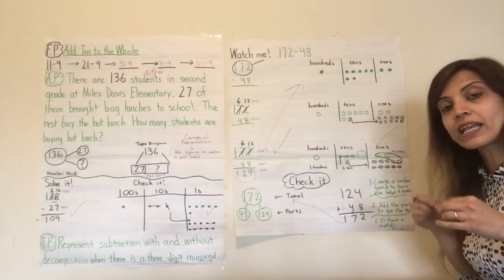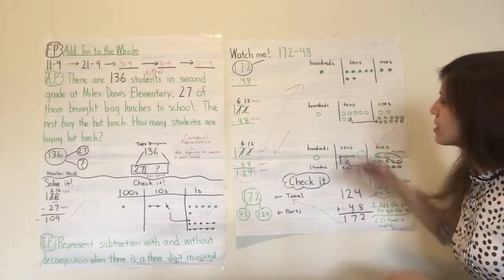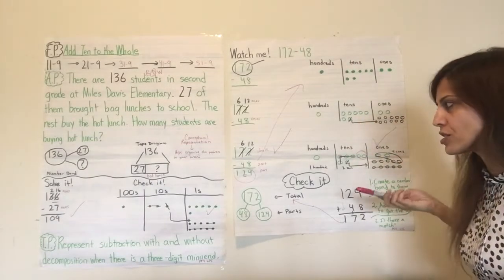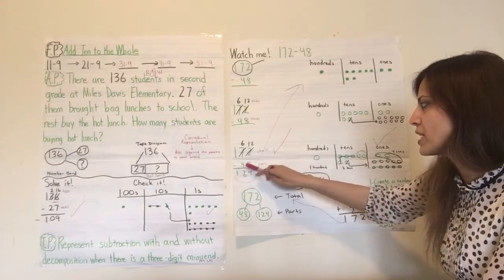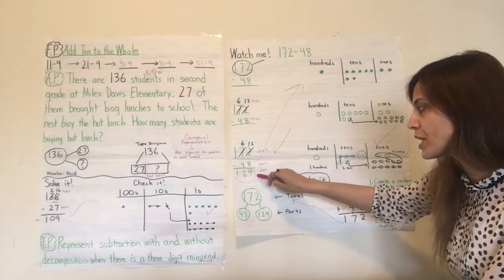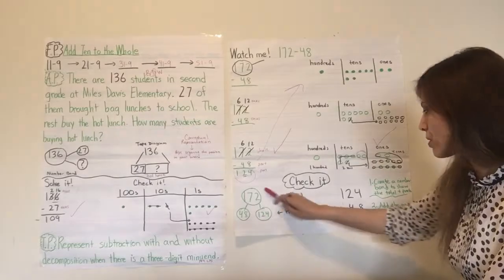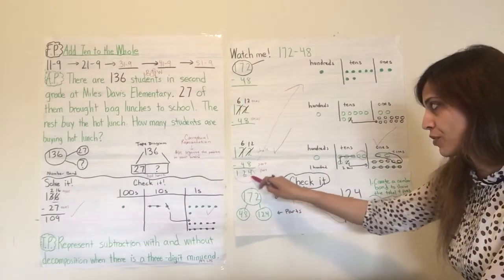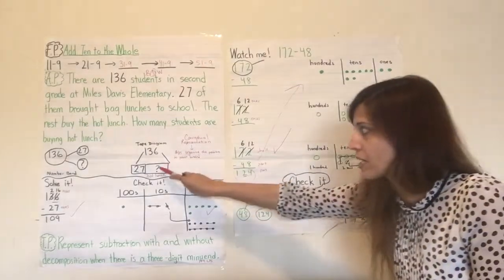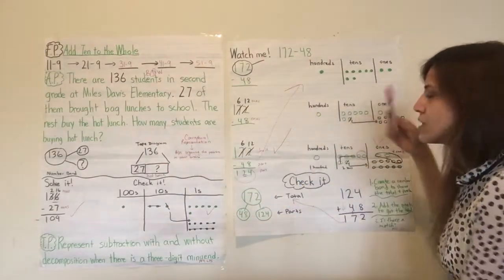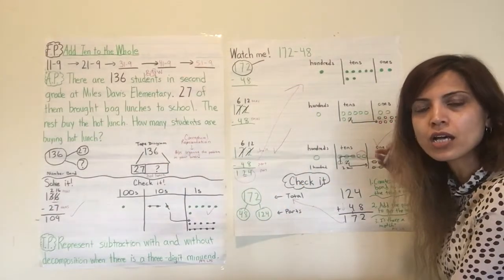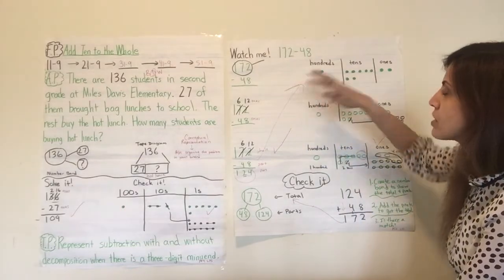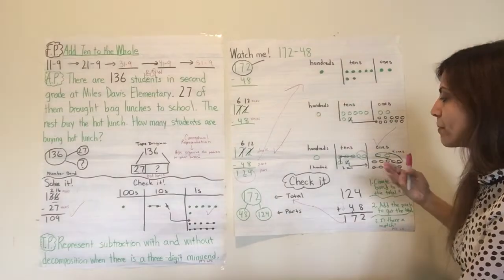Now we know a second method to use in addition to place value charts to check our answers. So we had 172 minus 48 equals 124, right? We created a number bond to show the total and the parts because we figured out that missing part. Remember, if you used a tape diagram or a number bond originally to conceptually represent this, you would be able to see this.